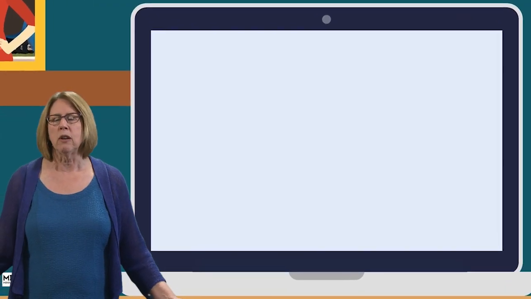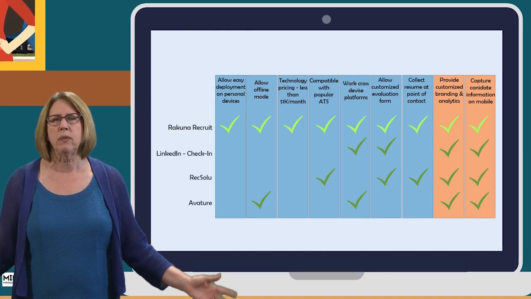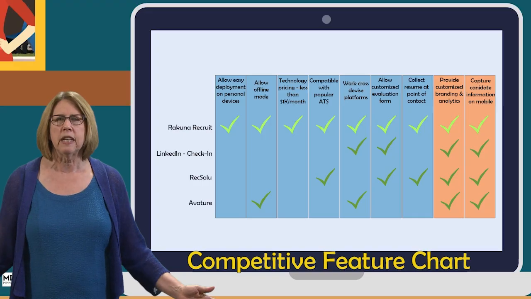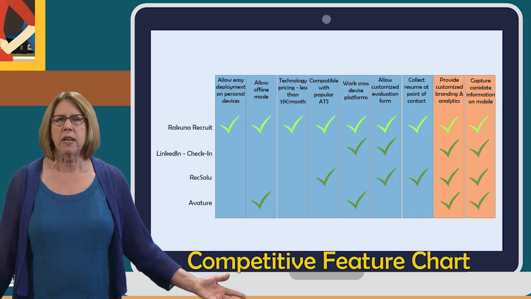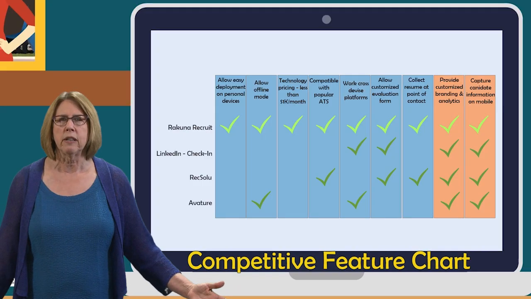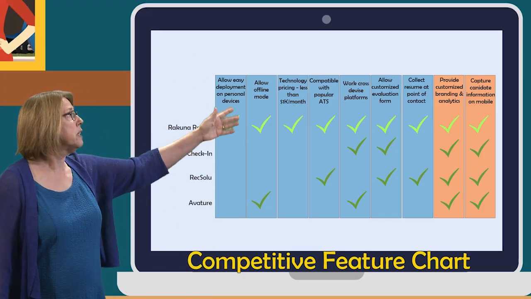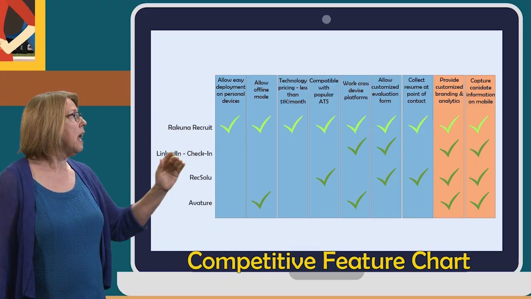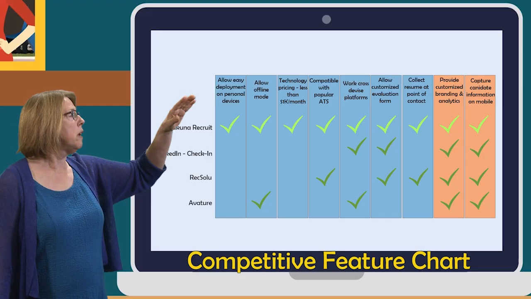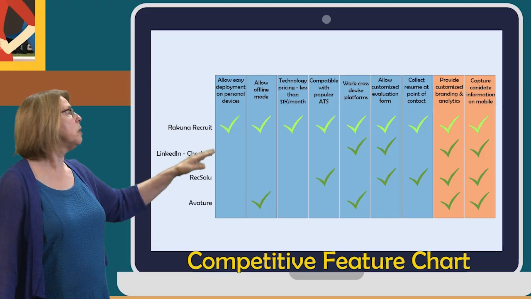So let's look at one tool you can be using, which is very basic. It's a competitive feature chart. You often see it on the websites of different companies or in sales materials, laying out various features and how you rate relative to your competitors.